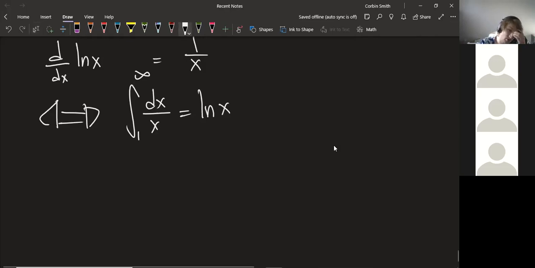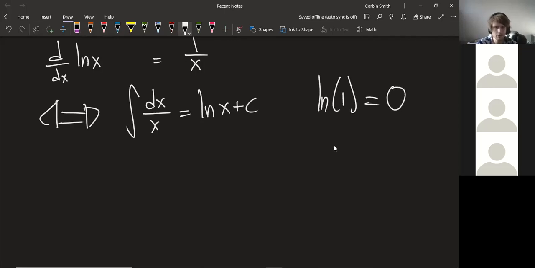Let's do the indefinite integral. We can just find c at the end, because we're going to have the condition that ln of 1 is equal to 0. So we'll be able to find c. There was a reason that I brought up the geometric series earlier. Let's rewrite this as 1 over 1 minus (1 minus x) dx. Do we want to do it this way?